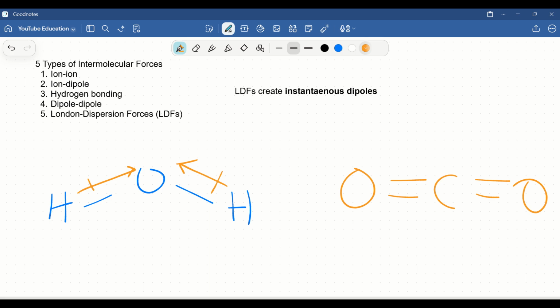And so London dispersion forces create these weak, fraction of a second, transient, instantaneous dipoles that don't last that long. But these fraction-of-a-second dipoles allow nonpolar molecules and all the other types of molecules to interact together. But they are very weak.